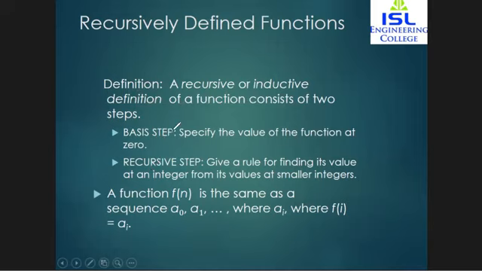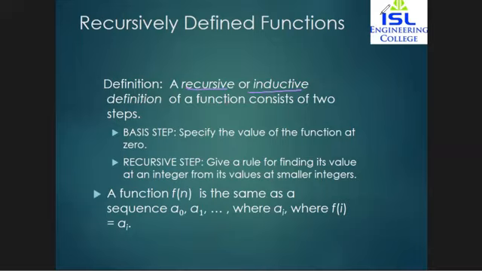The basis step specifies the value of the function at 0, and the recursive step gives a rule for finding its value at an integer from its value at smaller integers. Such a function is known as a recursive or inductive definition.